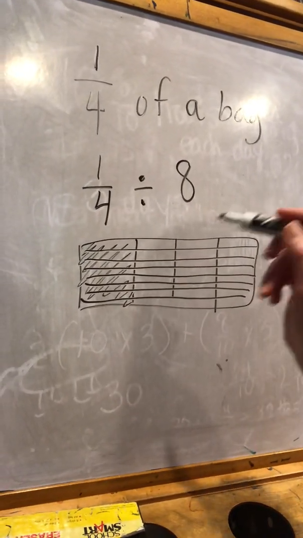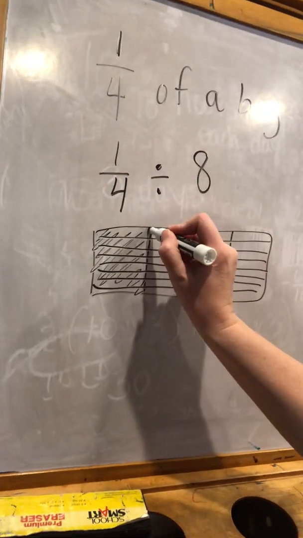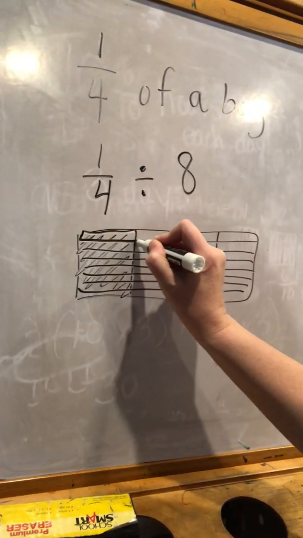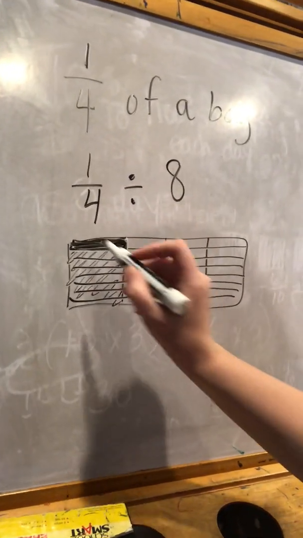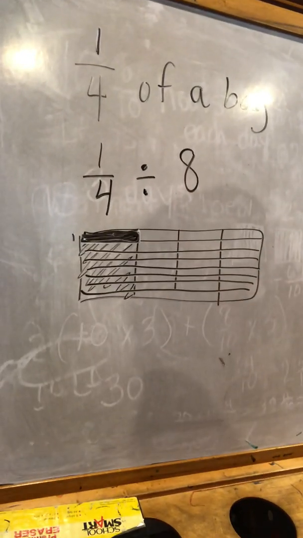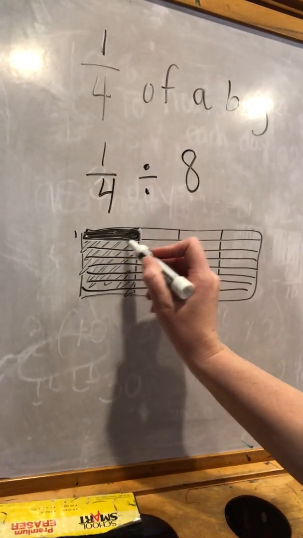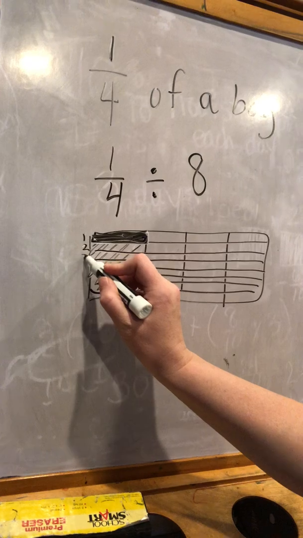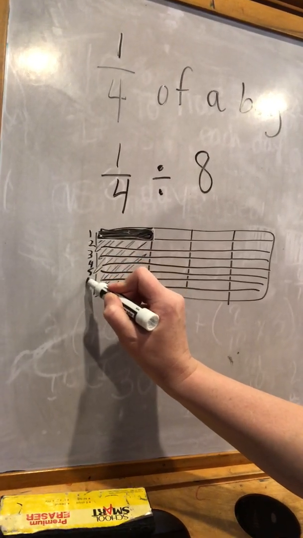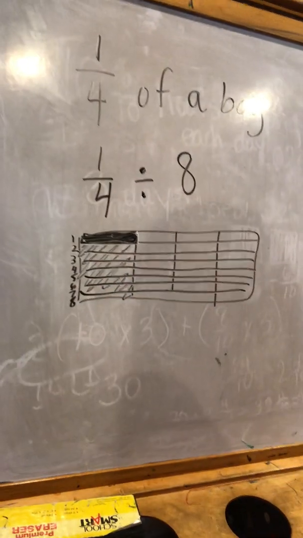I know that this part right here is the amount that's going to be put in one of the duck's bowls. This part right here is going to be for the second duck, and then the 3rd, 4th, 5th, 6th, 7th, and 8th, all the way down.